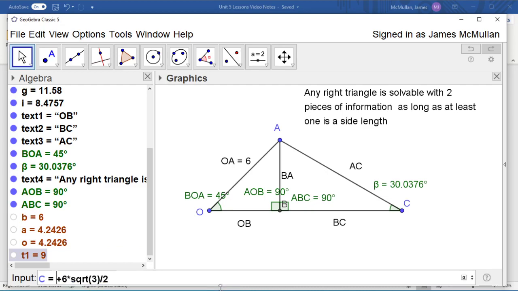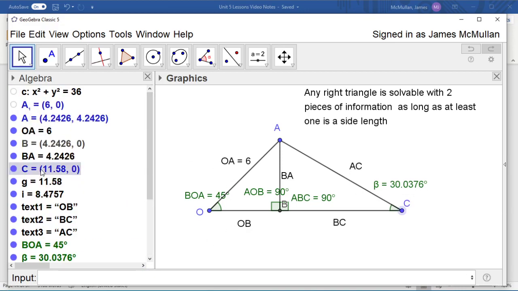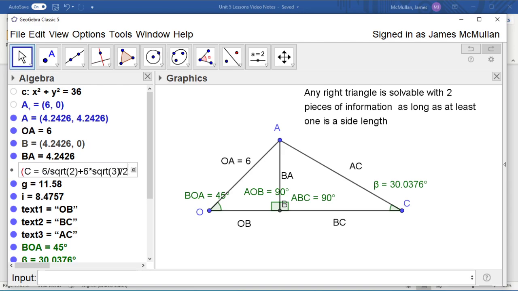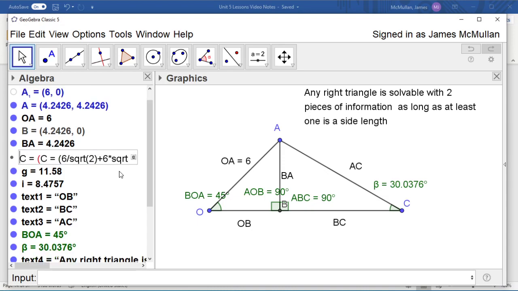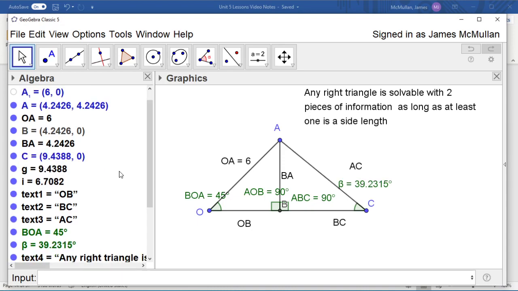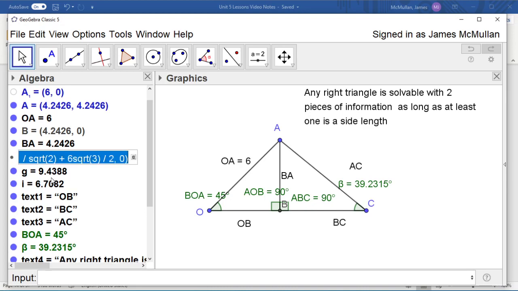What did we say? This was 6 over square root 2. Just quickly, sorry, I wanted to just get this exact number, but oh, I see. I forgot to say it had a y coordinate because it was a point. Oh, sorry, this is square root 2.